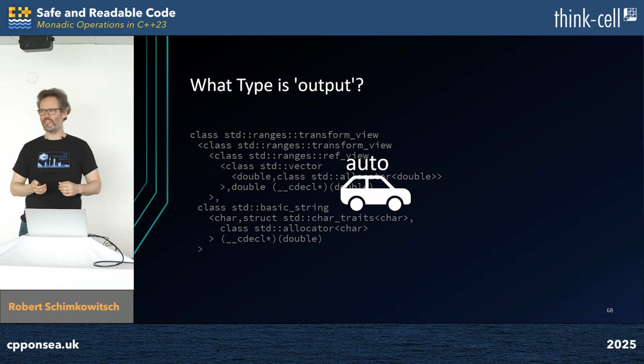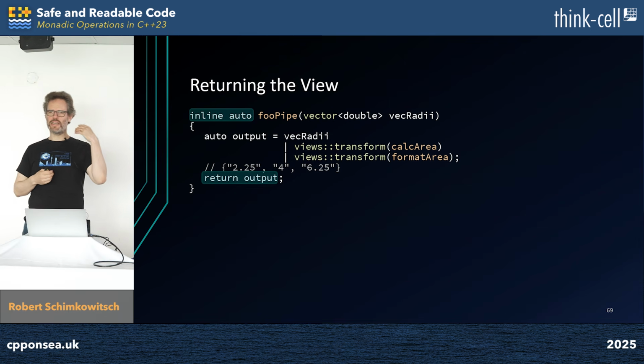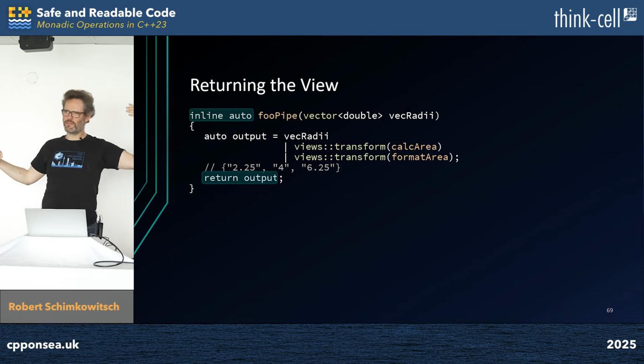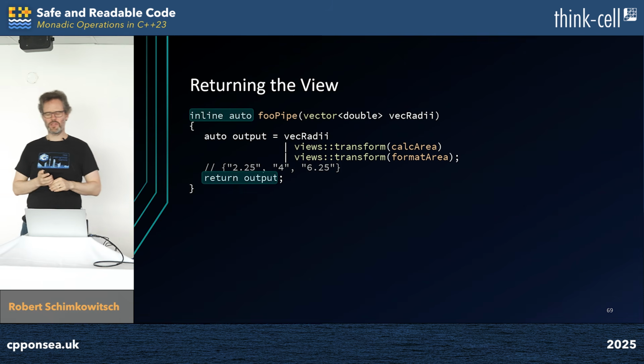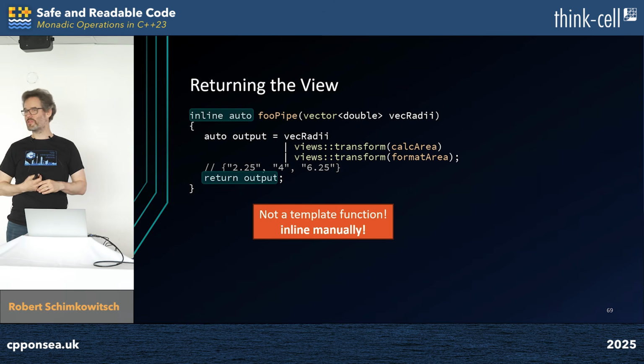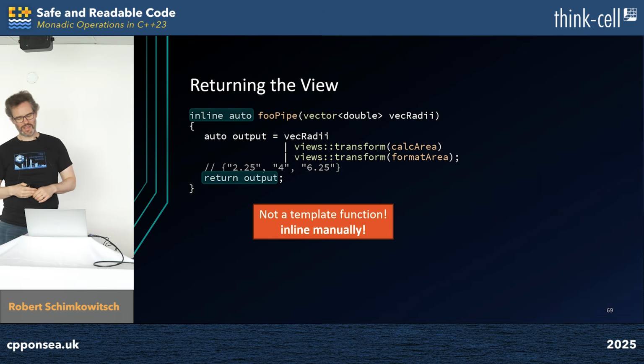And that has implications. It means that you cannot really separate declaration from definition into different files. I mean, yeah, corner cases, but you should not. Still, it's not a template function because the return type is actually well known. We're just too lazy to type it.